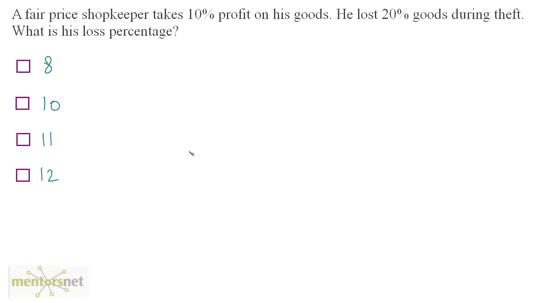A fair price shopkeeper takes 10% profit on his goods. He lost 20% goods during the theft. What is his loss percentage? Let us assume that this shopkeeper has 100 items, which he bought at the rate of 1 rupee per item. Cost price is equal to 100 times 1, which is 100 rupees.